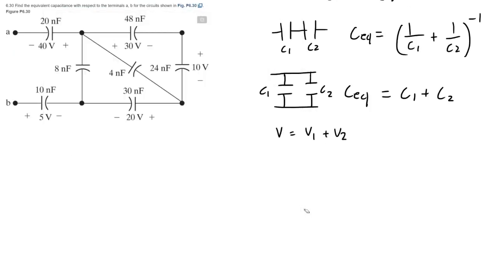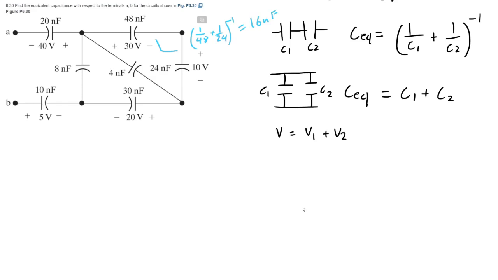So for 6.30, we're going to find the equivalent capacitance between the terminals A and B. I'm going to start out by noticing these two are in series. So adding their inverses together will give us the equivalent. So 1/48 plus 1/24 is 1.5/24, so 24 divided by 1.5 is 16 nanofarad.